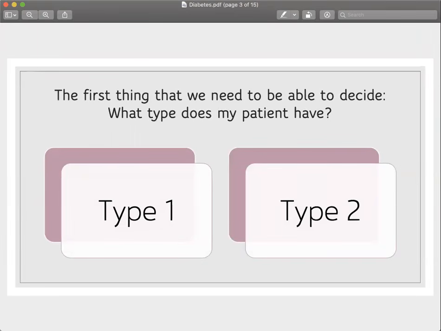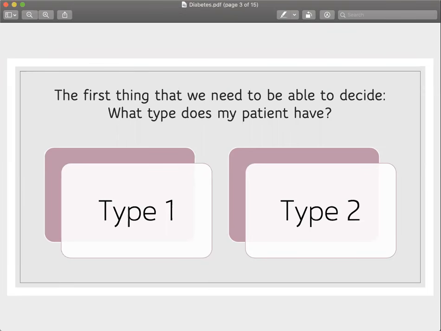So the very first thing that we need to be able to decide as nurse practitioners is whether our patients have type 1 or type 2 diabetes. And this is actually pretty easy. And why is that? Well, we know that type 1 usually shows up much earlier in life and hardly ever after age 30. And typically it presents a little bit differently than type 2.